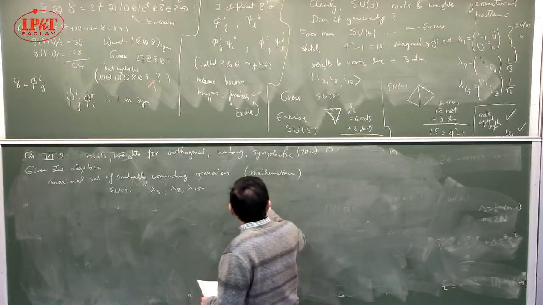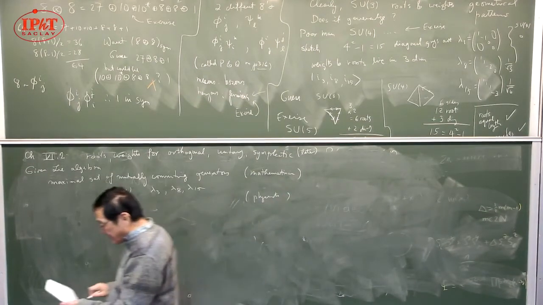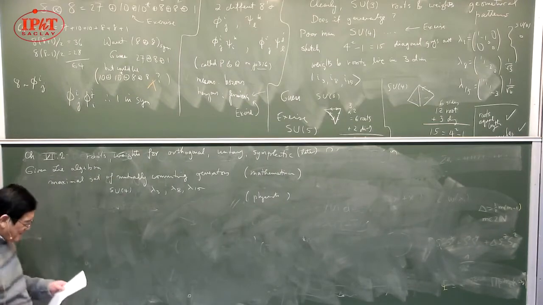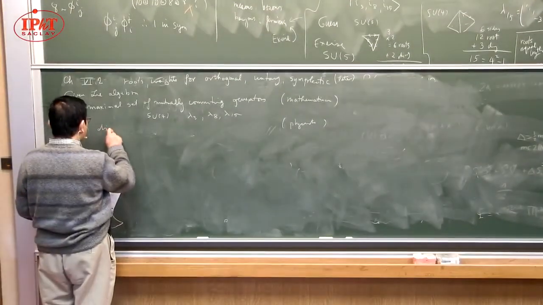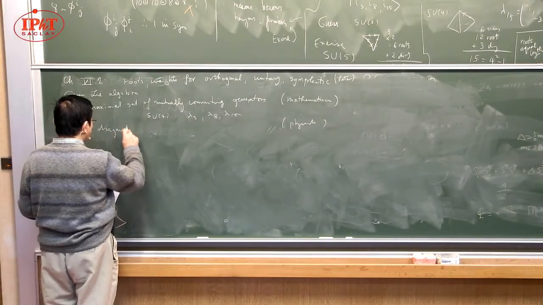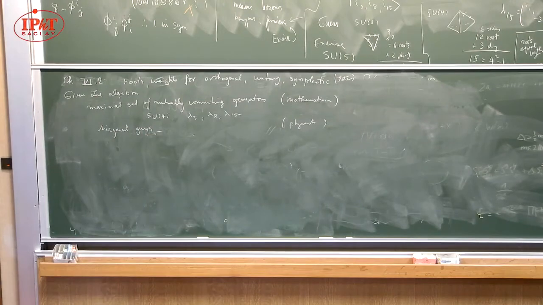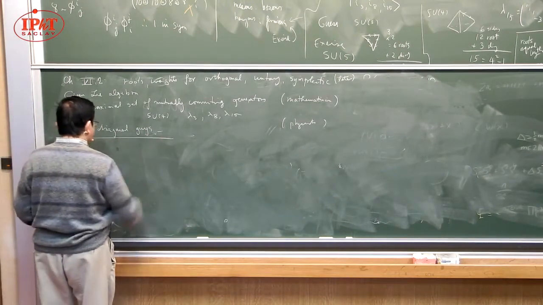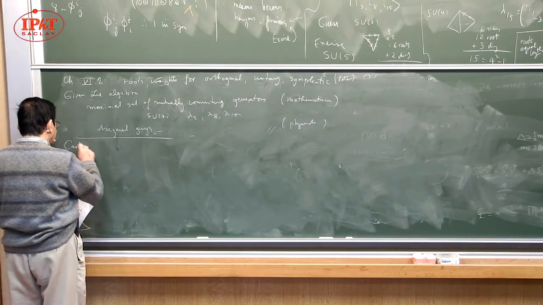Well, what does the physicist say? Especially physicists like me who follow the Feynman school, the physicists would just call these the diagonal guys. Well, at least in the US, maybe not in France. So these are the diagonal guys. And now we follow Cartan's notation.